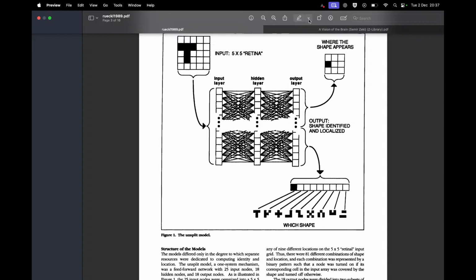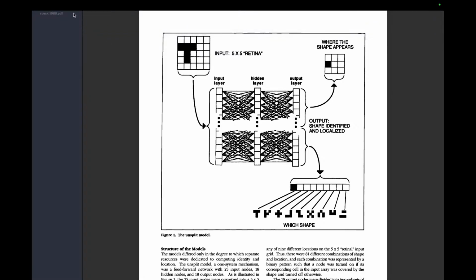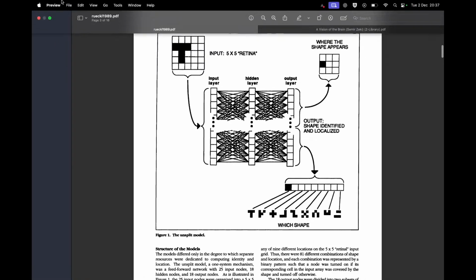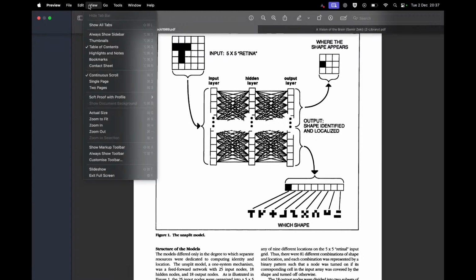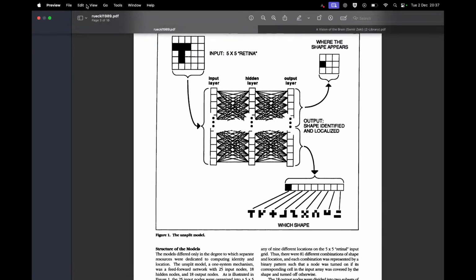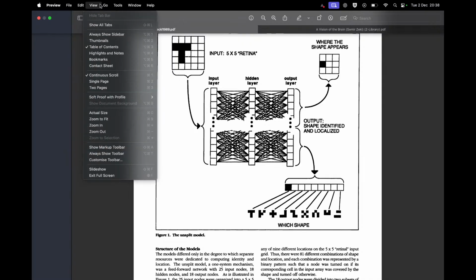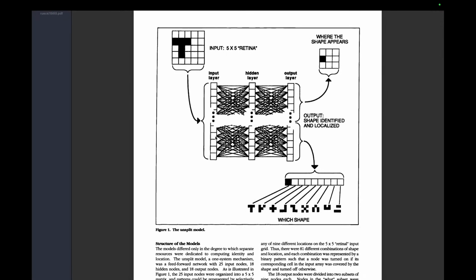So we can say in this case, for instance, one second, what's going on here? Okay, so this is what I'm trying to say here.